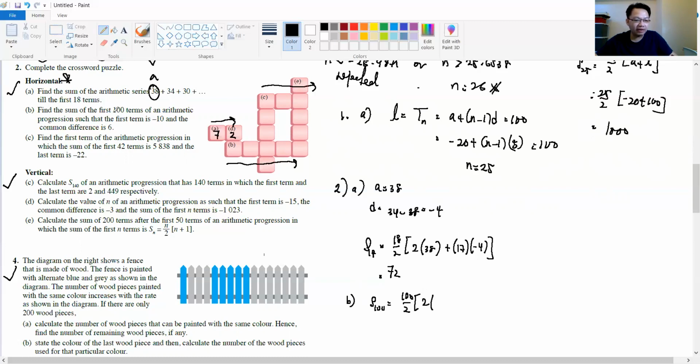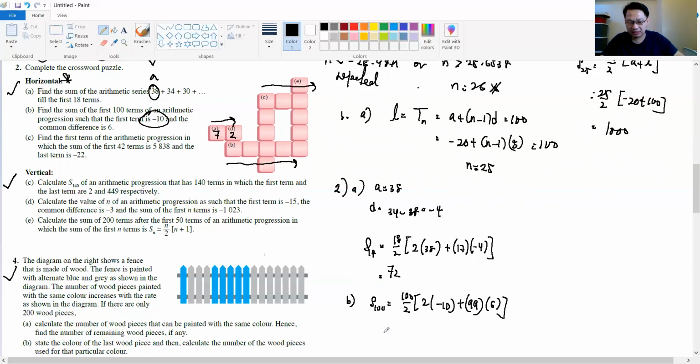How much is the value of the first term? First term is negative 10, plus n minus 1, 99, 100 minus 1, and the common difference is 6. Very straightforward. So 2 times negative 10 plus 99 times 6, times 100 divided by 2.